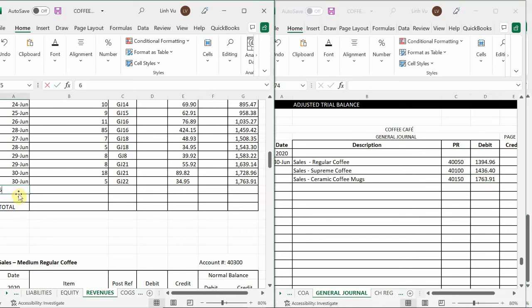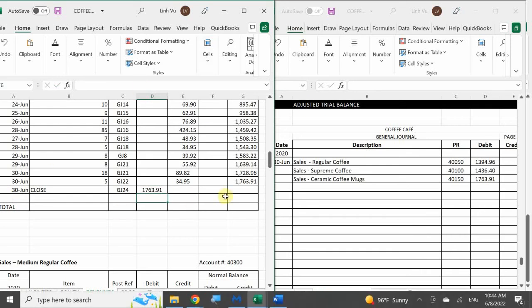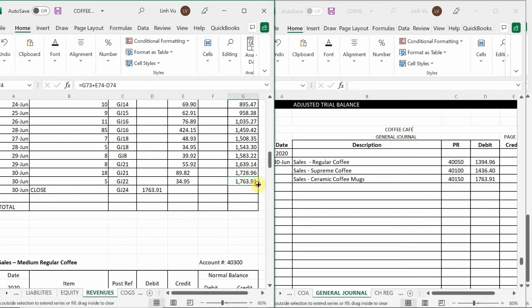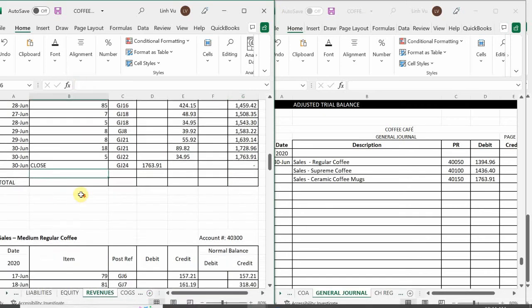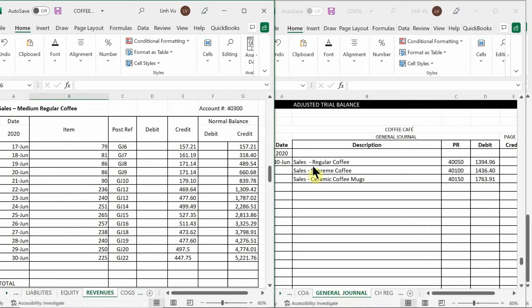And I'm going to close this out for the $1,763.91, and that should give me an account balance of 0. Next one is going to be your sales medium regular coffee.